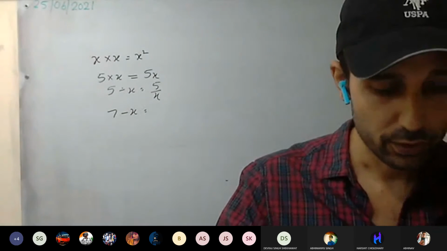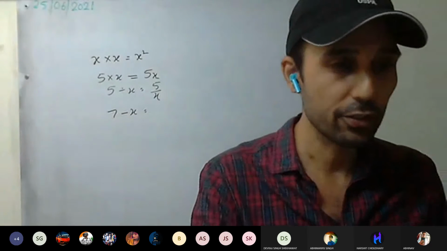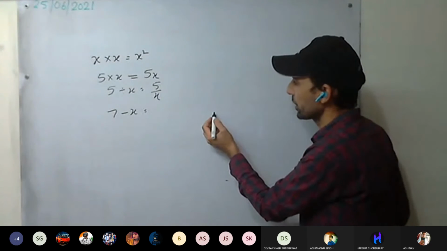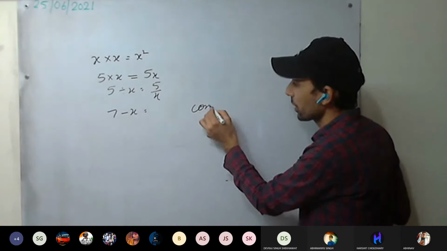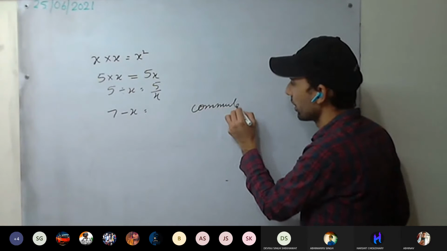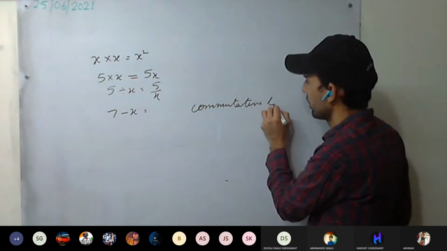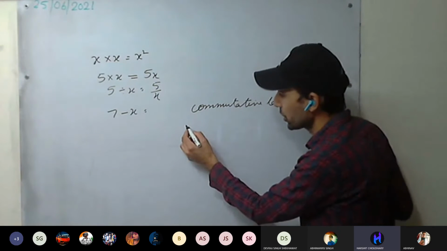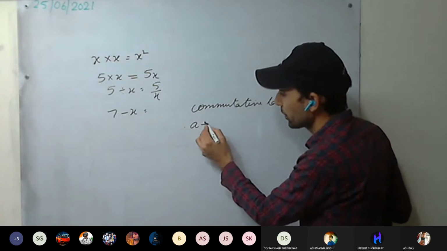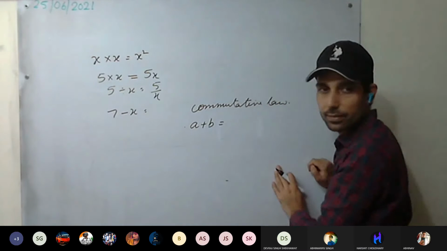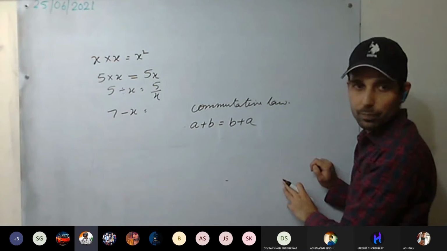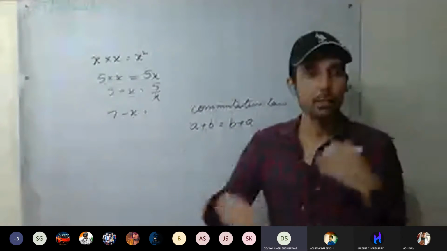So we have discussed the laws of operation as well. Laws of operations on numbers: commutative law, have you studied? Commutative law on addition: A plus B is the same as B plus A. Commutative means commute.